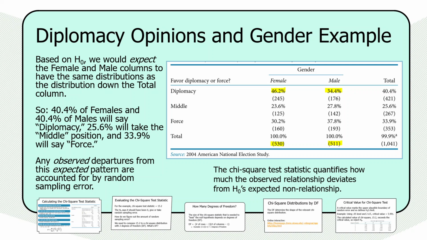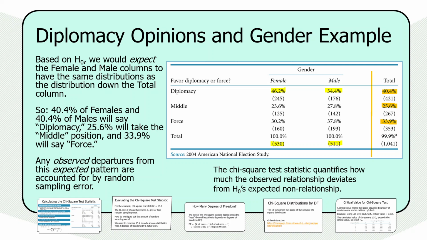The null hypothesis says, look, the overall distribution of cases, over here in the total column, this is called the marginal distribution of the dependent variable. Overall, 40.4% of the entire sample said diplomacy, 25.6% of the sample took the middle position, and 33.9% of the sample said force over diplomacy.